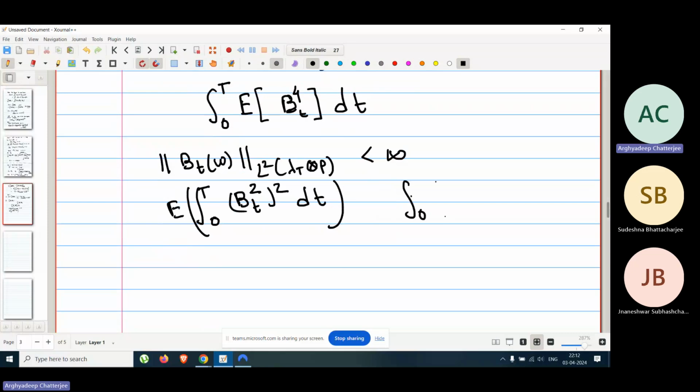So what we can do is bring this integral outside. This expectation is actually an integral over omega of B_t squared of omega, with dP.